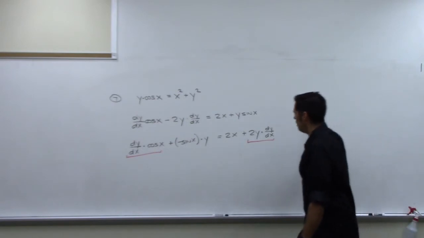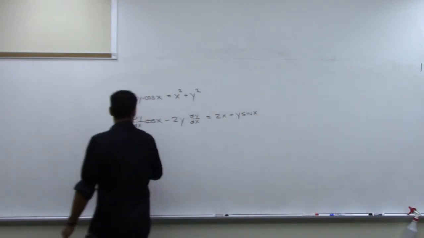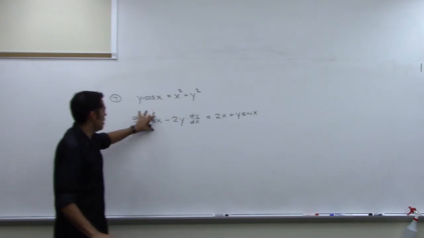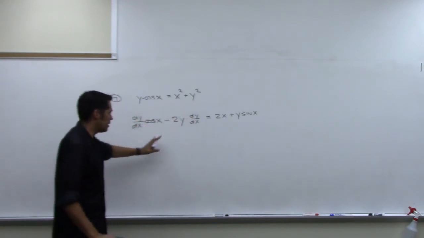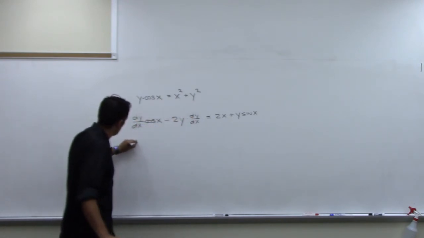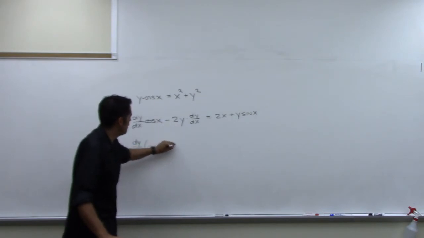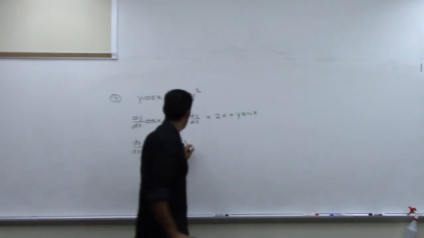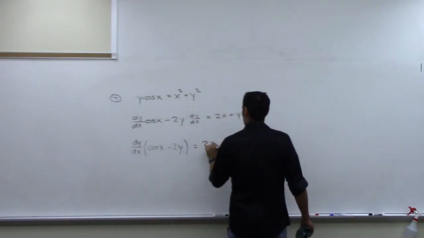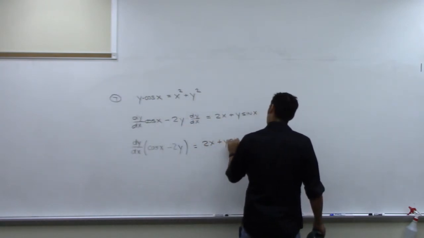All right, that's it. Let's now check. We've got dy dx here and dy dx here, so let's factor it out as a GCF, greatest common factor. I will be left with the cosine x that was here, and then minus 2y. And then over here I have 2x plus y sine x.